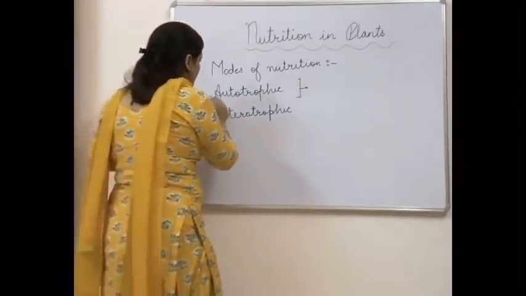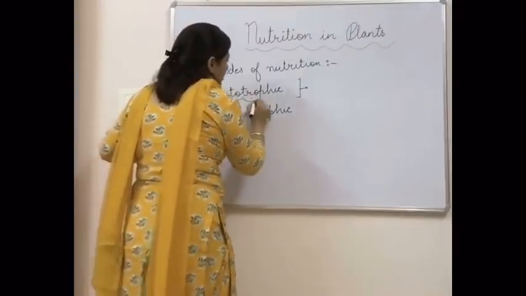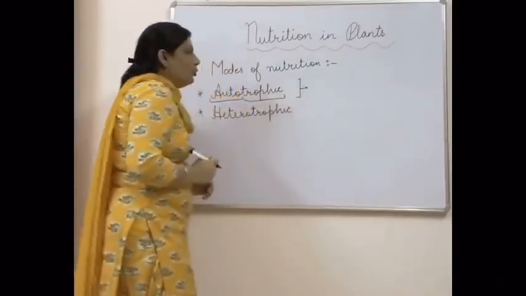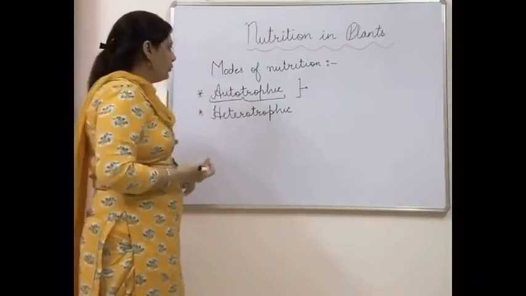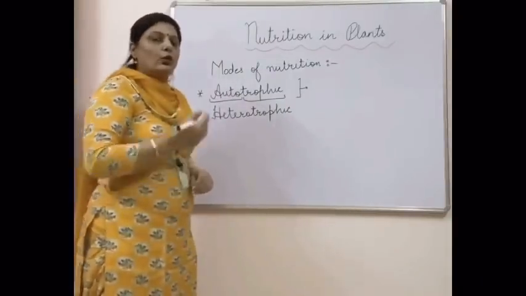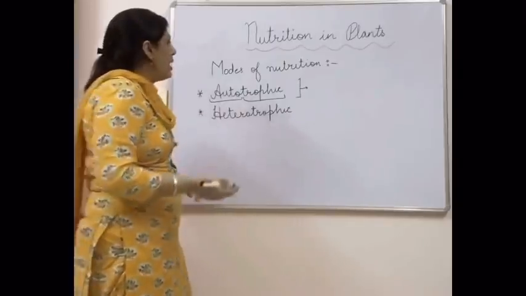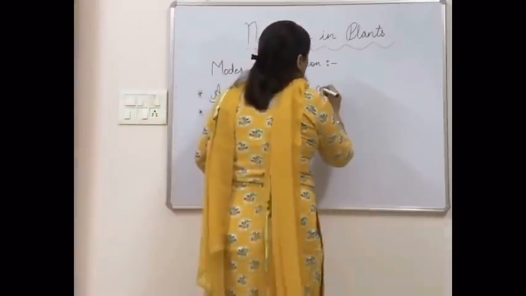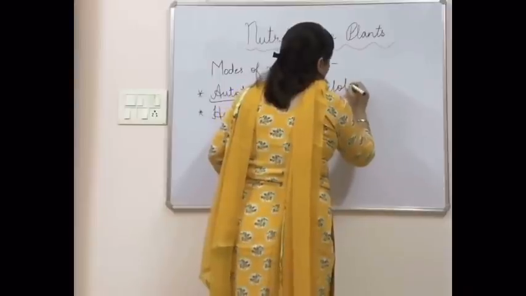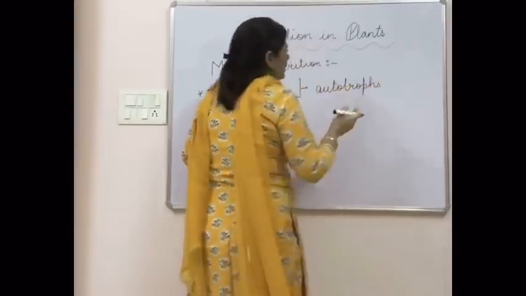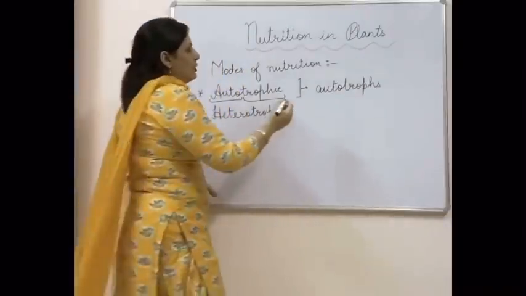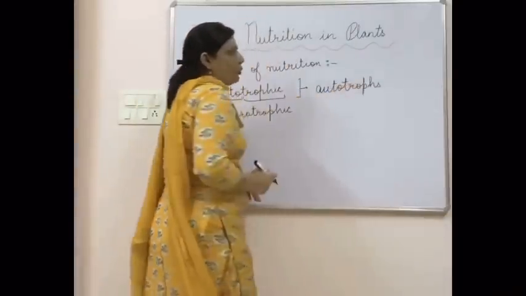Auto means self and trophic means to synthesize. These organisms are called autotrophs.